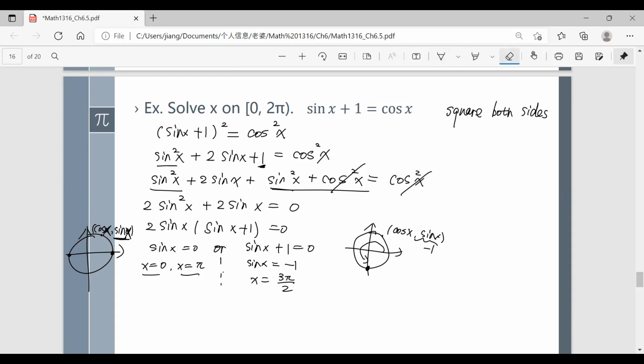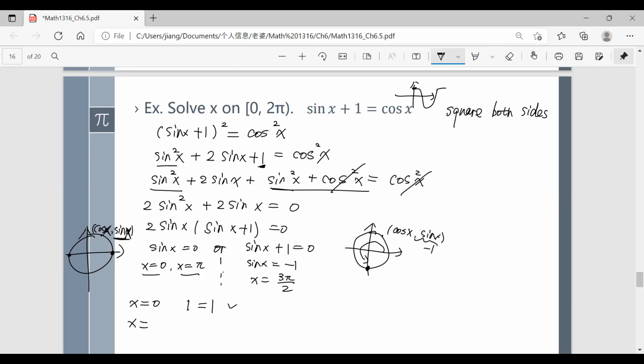So let's try if all these three satisfy this one. So for x equals 0, sine 0 is 0, 0 plus 1 is 1. So 1 is our left-hand side. How about the right-hand side? Cosine 0, I have learned that cosine 0 is 1, because cosine 0, the first point is a maximum, that's 1. So 1 equals 1, yeah, x equals 0 is a solution.